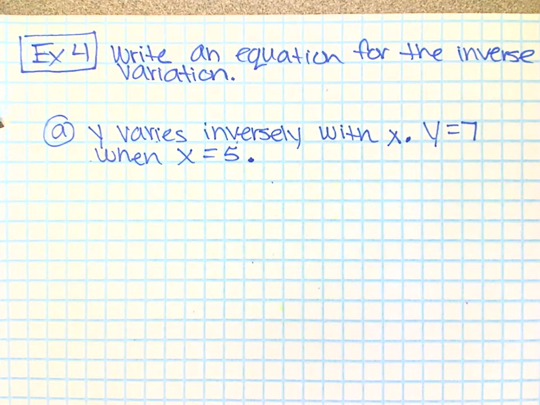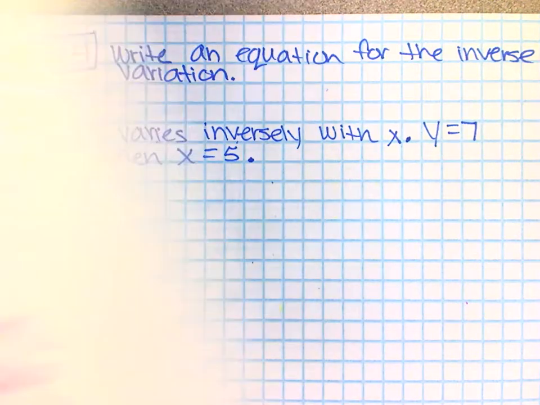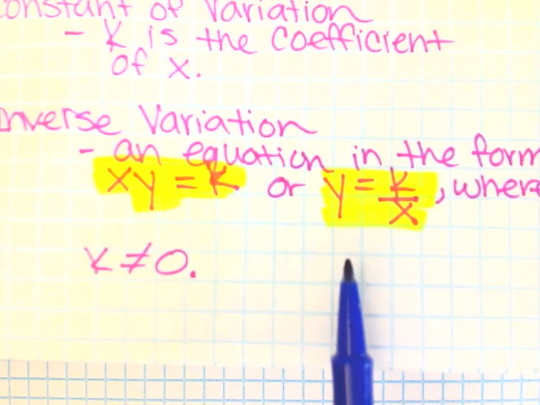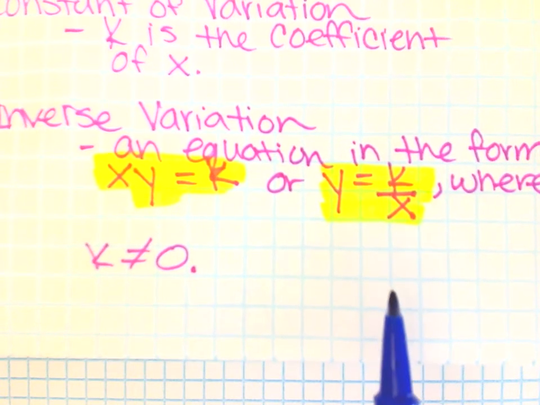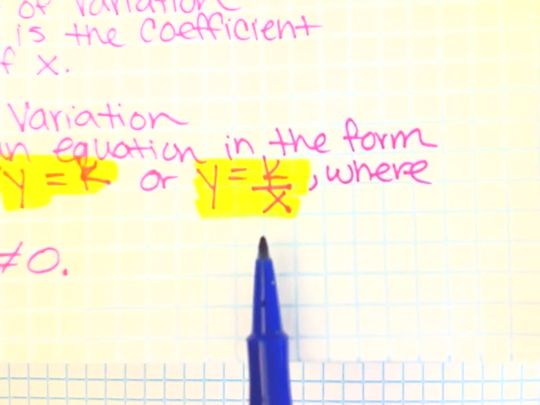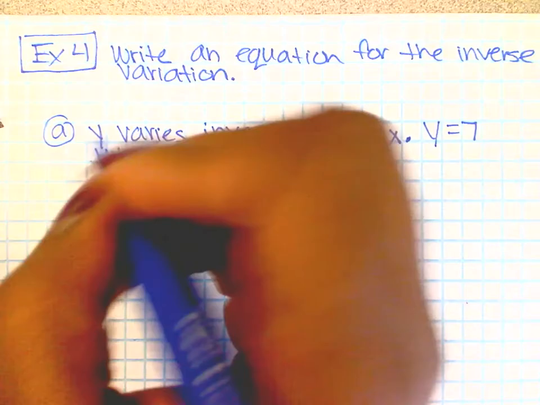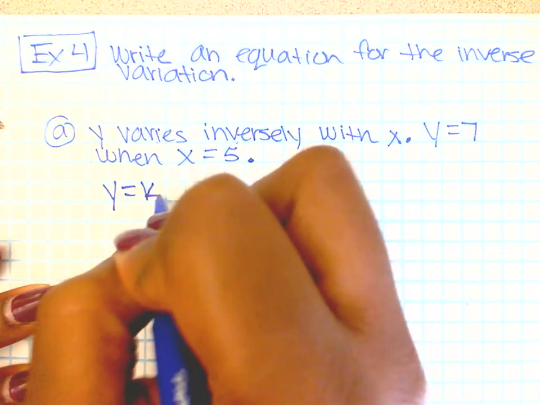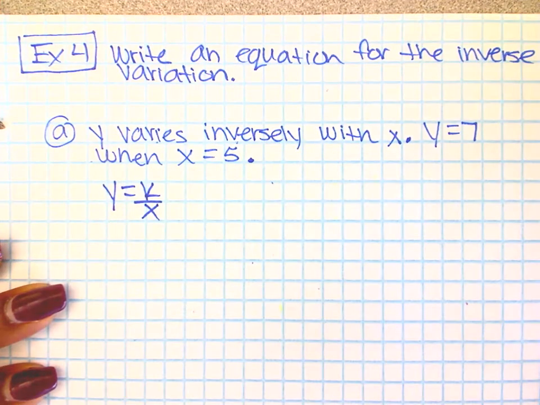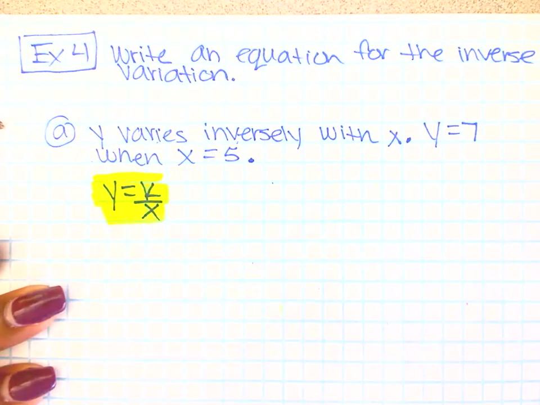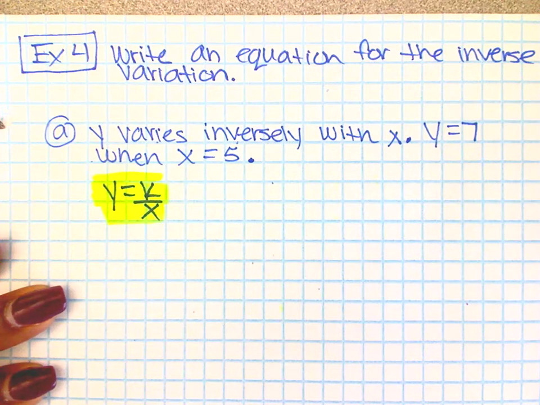If I go back to my language of the discipline, now I'm at a different equation because we're talking about inverse. So when I go back and look at inverse, it's one of these two. These types of questions where it gives you x and y, we're going to use this equation right here. Y equals k over x. So go ahead and write that. Y equals k over x. And highlight that for this example.